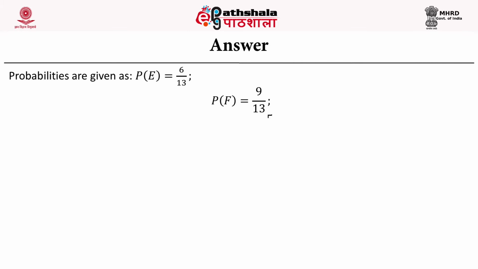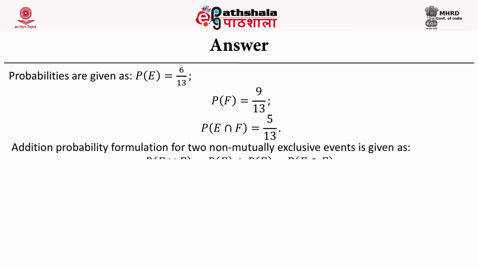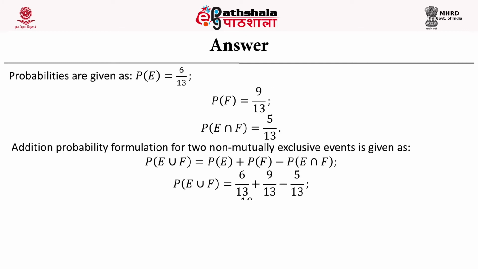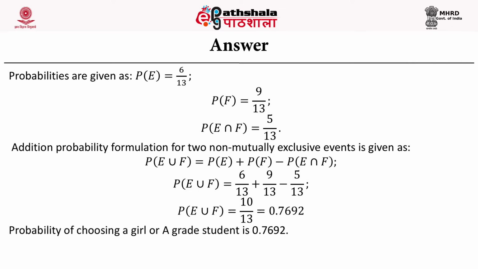The addition probability formula for two non-mutually exclusive events is given as the probability of E union F is equal to the probability of E plus the probability of F minus the probability of E intersection F, where the probability of E represents the number of favorable outcomes divided by the number of possible outcomes for event E. Similarly, the probability of F is derived using the same formula.